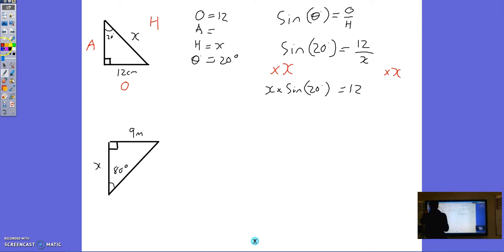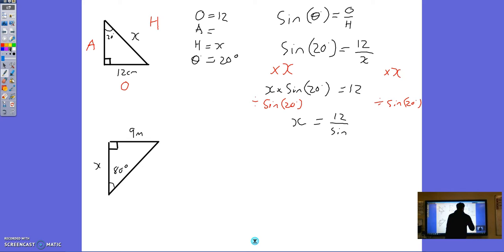And then we're going to divide by sine 20 degrees to get x on its own. And that will leave us with x is equal to 12 divided by sine of 20 degrees.